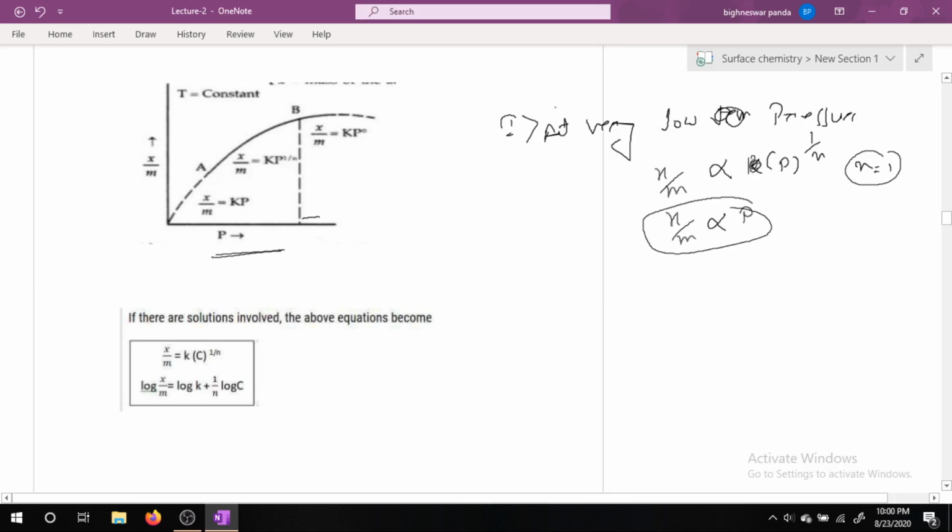If x by m is directly proportional to p, then the graph between x by m and p should be a straight line passing through origin.